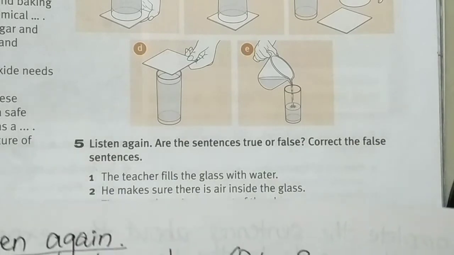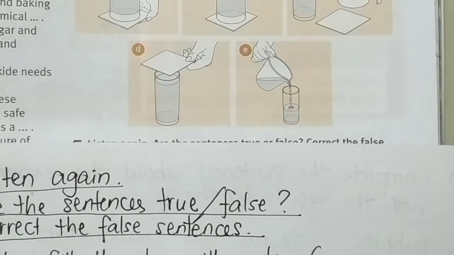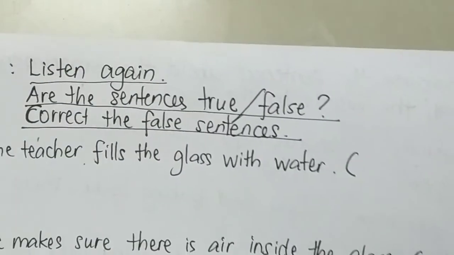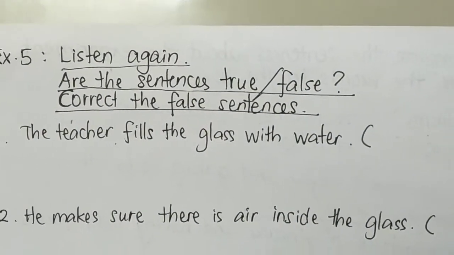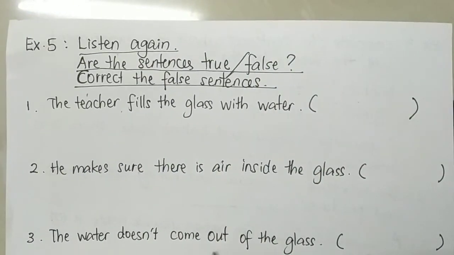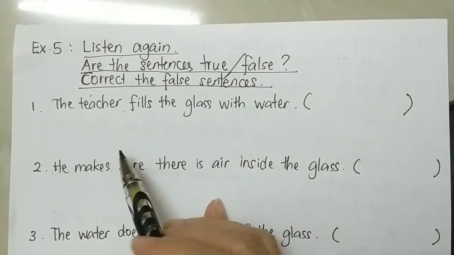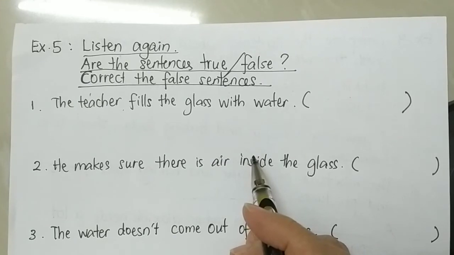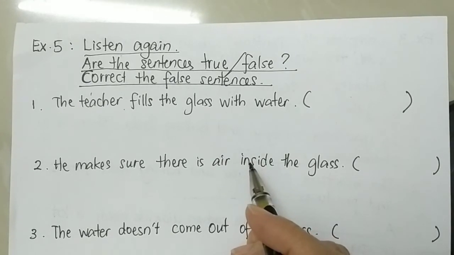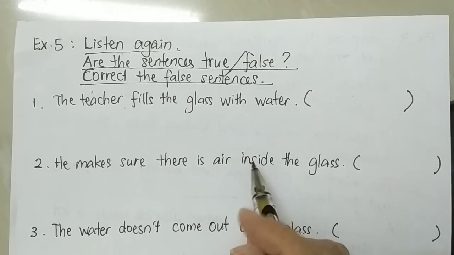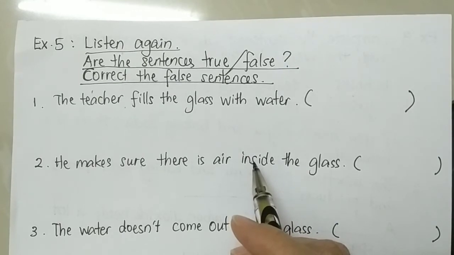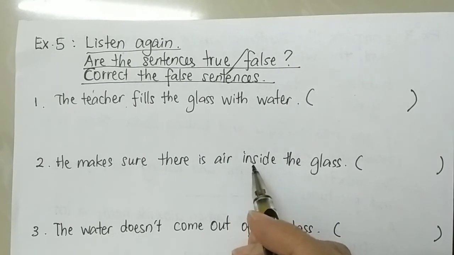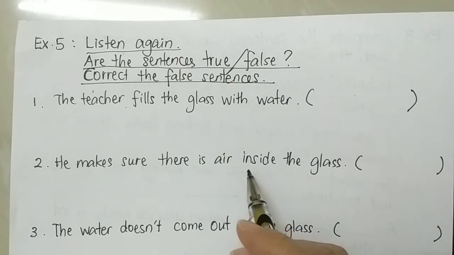Alright, now let's come to exercise 5. Question 1. The teacher fills the glass with water. True or false? Who actually filled it up? Mr. Marston asked Tom, can you fill it with water from the jug for me, please?